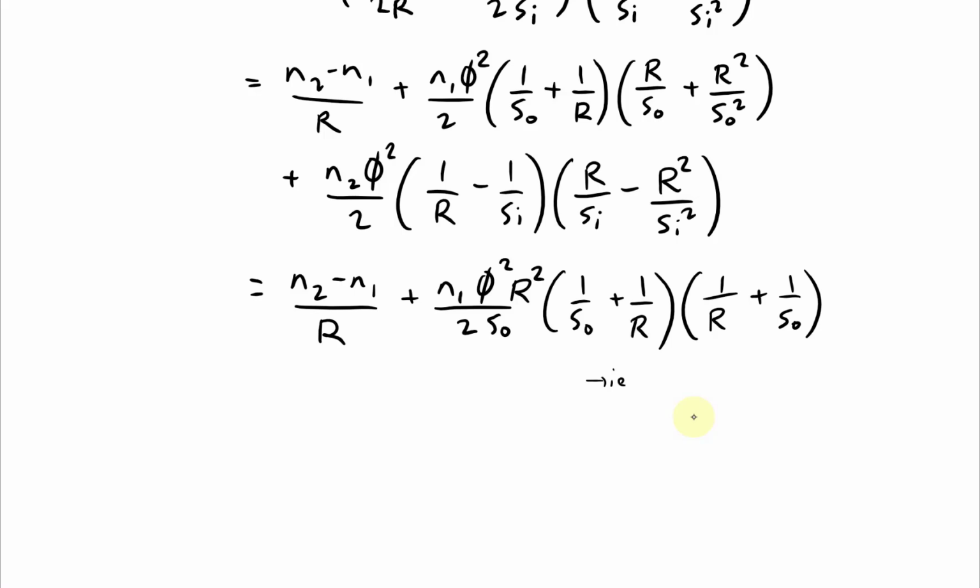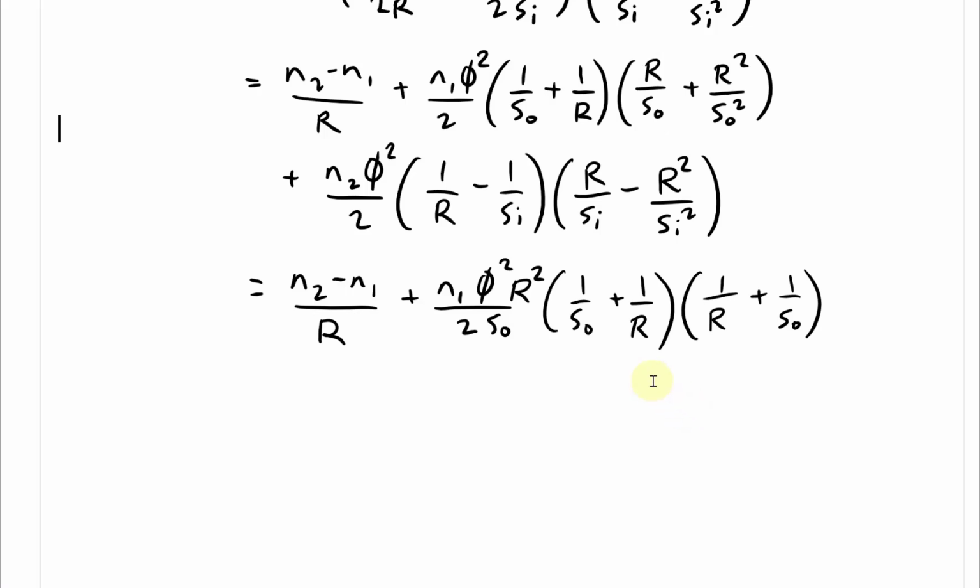I.e. r squared over s naught times 1 over r equals, well, this cancels, r over s naught, which is just this part. So just circle that. Just wanted to show what I meant by that. But it should be pretty straightforward anyways.